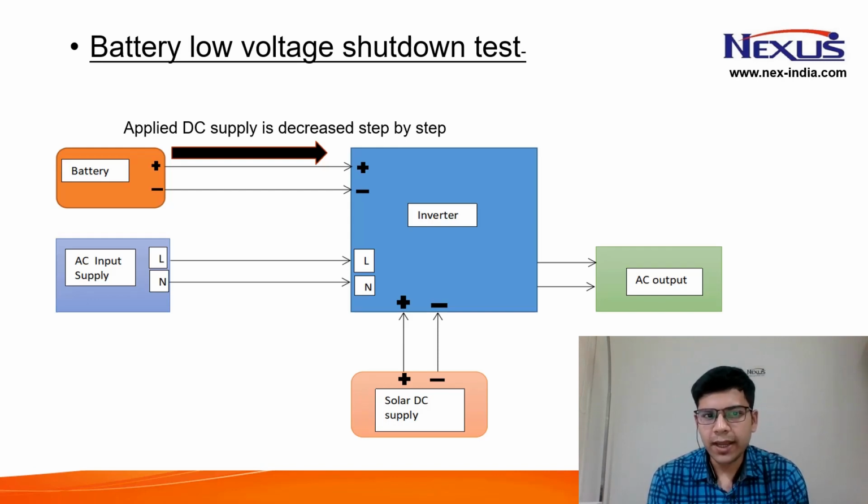There will be a time at which the inverter will give you a low battery alarm, and after that it will shut down, meaning the output of the inverter will become zero. So we are checking that condition in this test. First of all, we will decrease the DC battery voltage step by step, and we have to measure the voltage at the step at which the inverter shuts down and its output becomes zero.